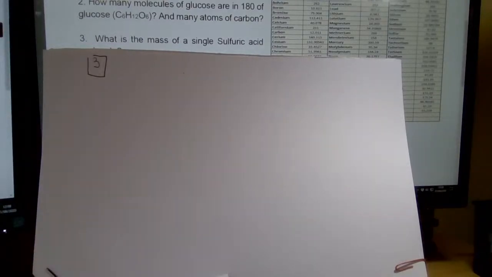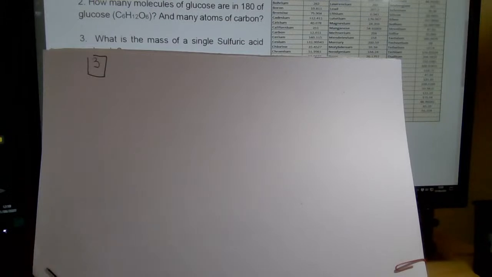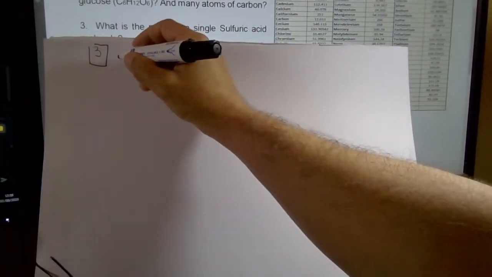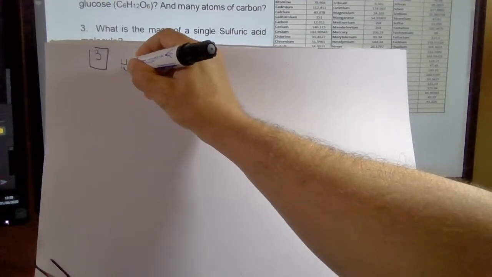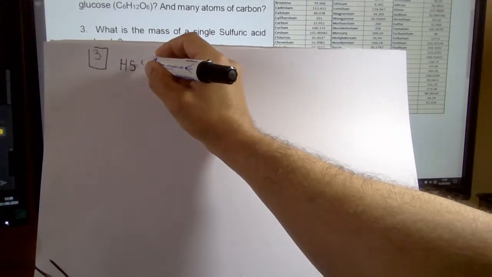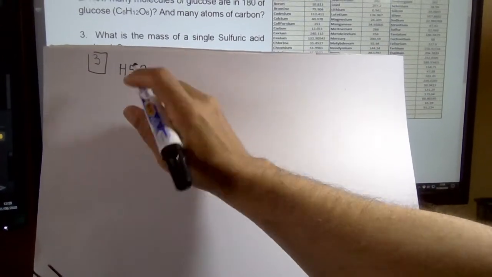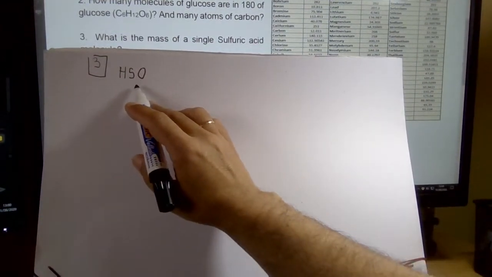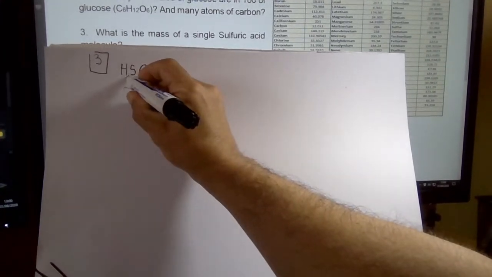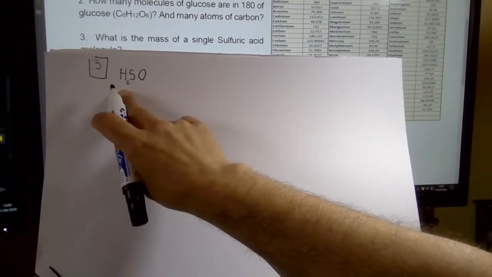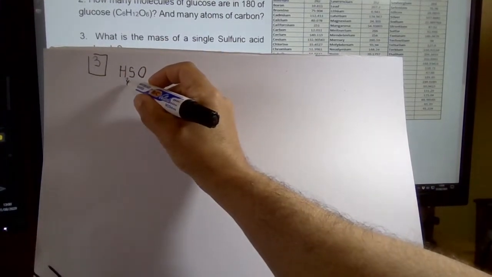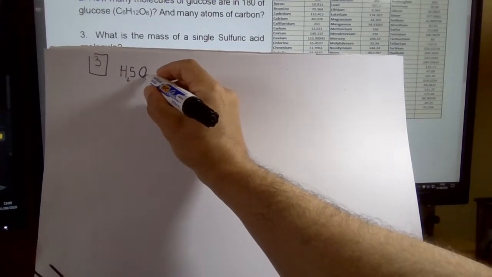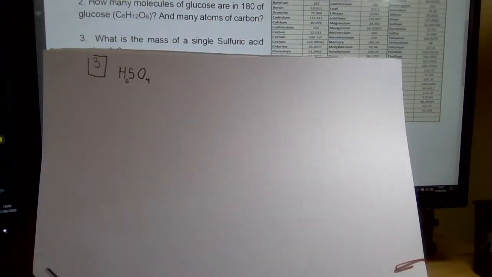Okay, let's go. Come on, let's do the activity. What is the mass of a single sulfuric acid molecule? The oxidation number of sulfur is 6, so 2 hydrogen, 6 plus 2 equals 8 divided by 2.